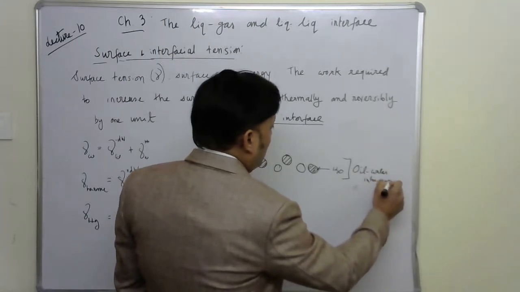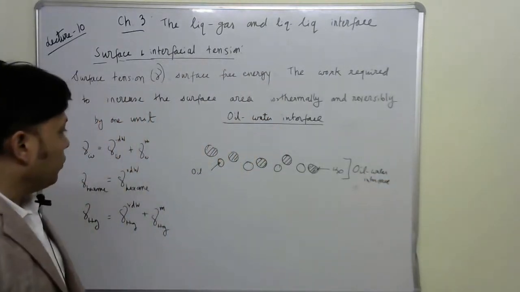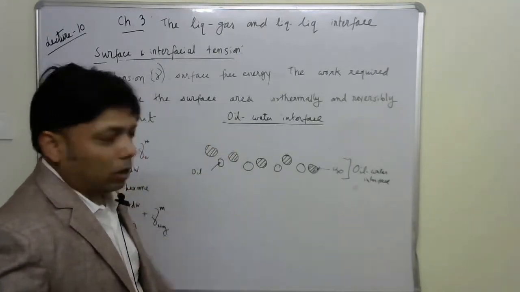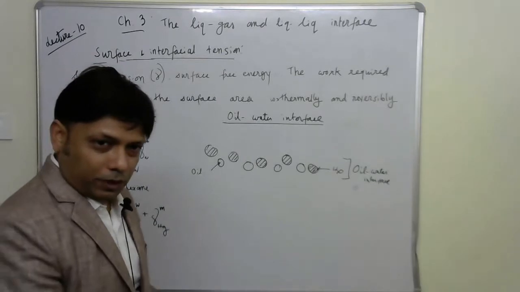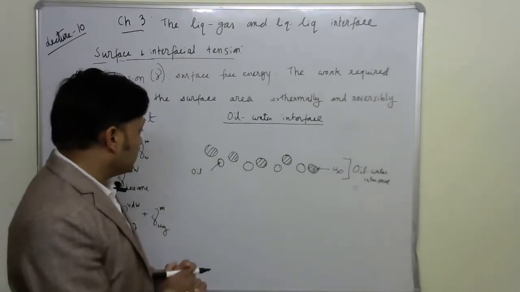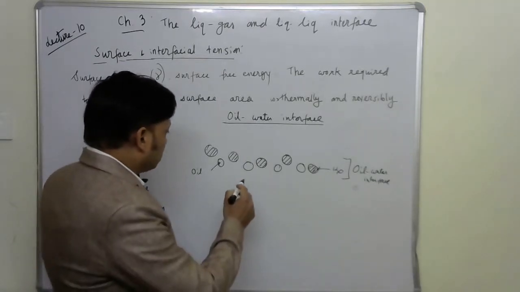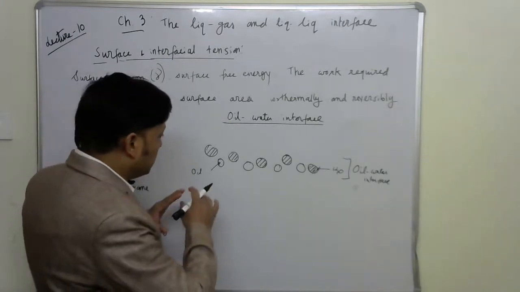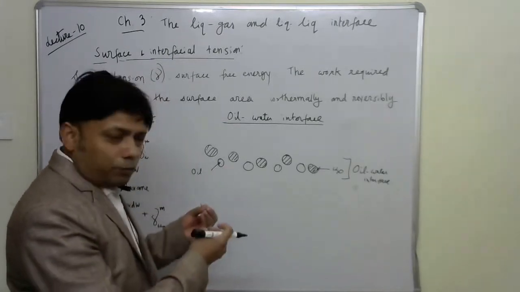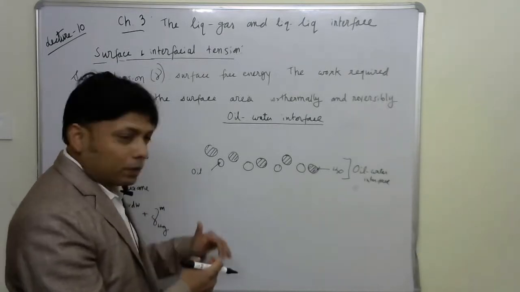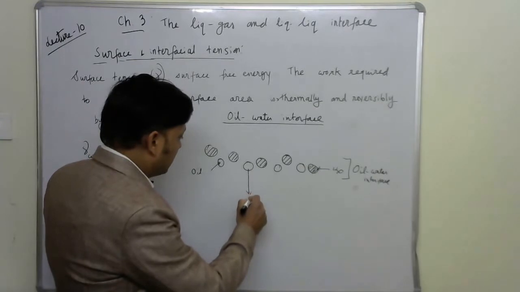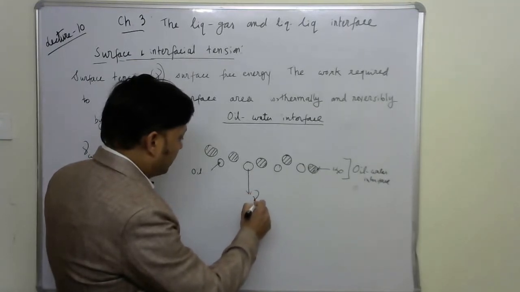Okay, so now if we consider what forces are operating at the oil-water interface, let's try to figure it out. Firstly, the oil molecules at the interface would experience a pull towards the bulk. So we have simply gamma oil here.